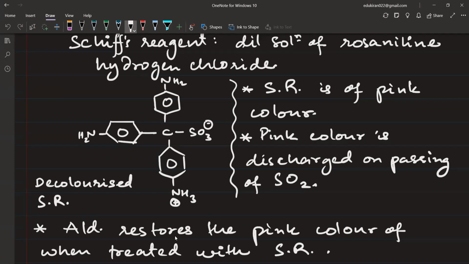Sir, that point aldehyde restores the pink color of... Off हटा दीजिए, when treated with Schiff's reagent. Okay, sir.